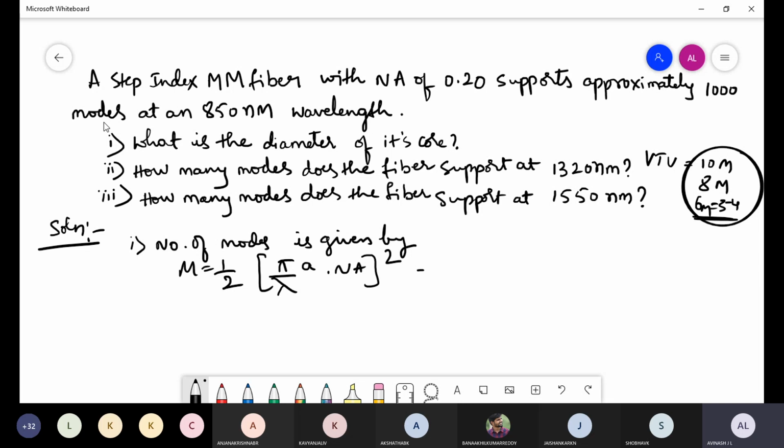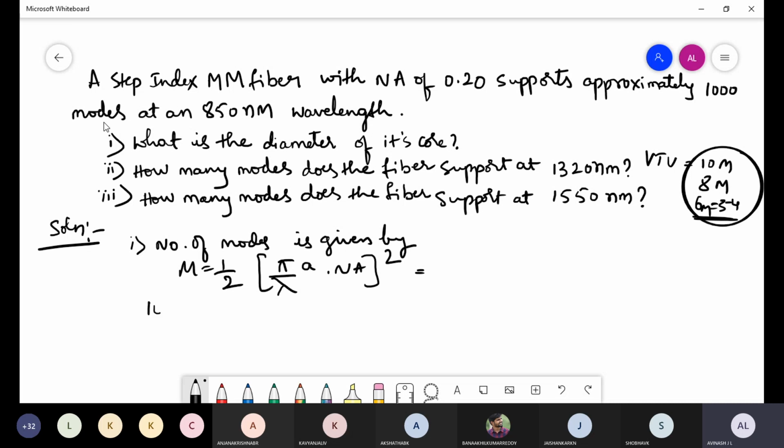Here, the numerical aperture given is 0.20, and the number of modes supported is 1000 at a lambda of 850 nanometer.